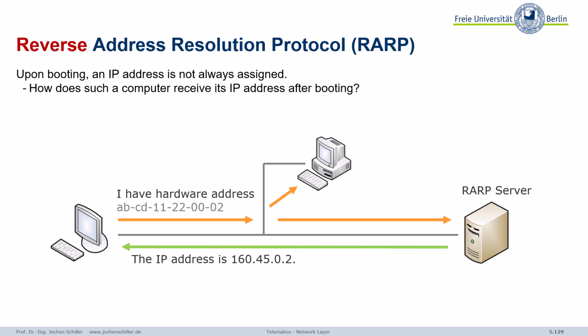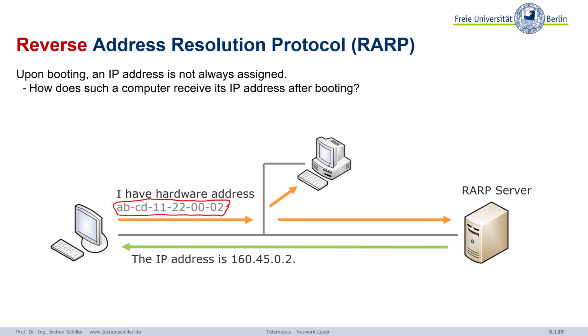If you just boot them, they have just their network interface card, a hardware adapter, and the hardware adapter has what we call a burned-in address. It's pre-configured by the manufacturer, for example. So you have a certain hardware address, but you don't know the IP address, and we need the IP address to use layer 3 protocols. We will see how this problem is solved with IP version 6.